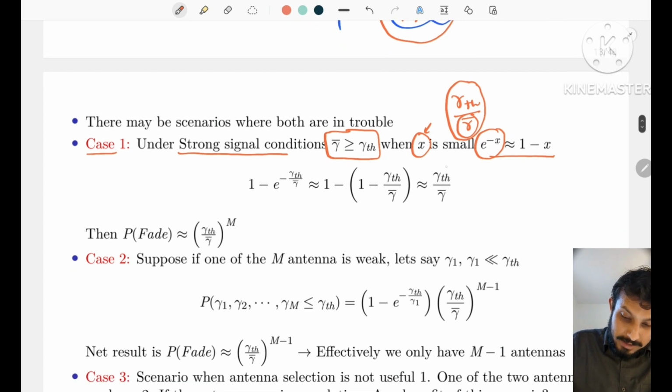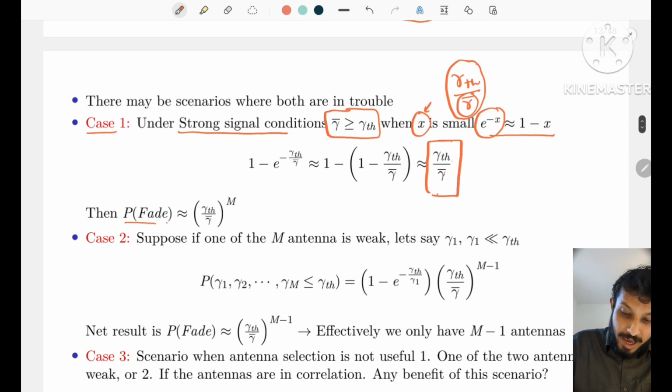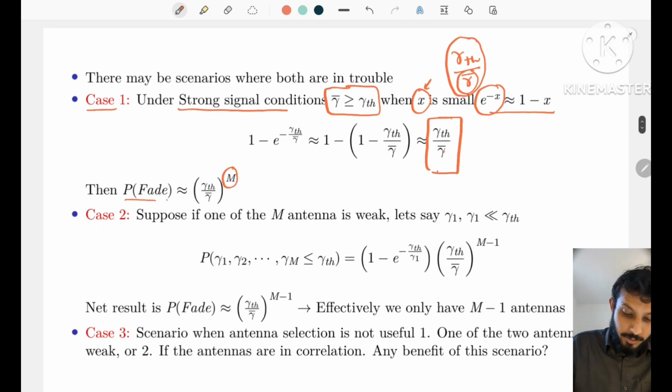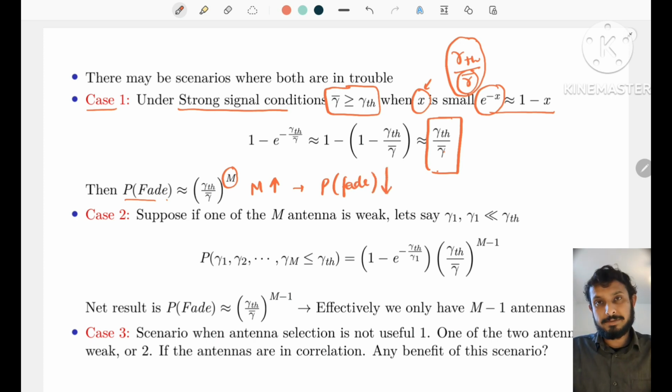As a result, we will get probability of fade equal to gamma TH upon gamma bar, and when we have M antennas, it will be raised to power M. So as we increase M, this probability of fade will decrease.